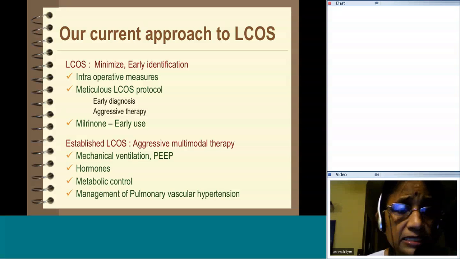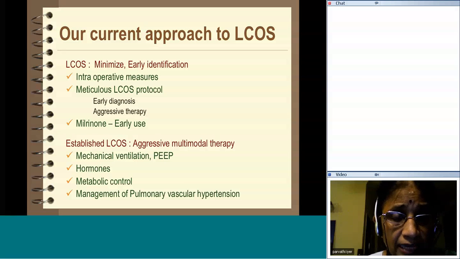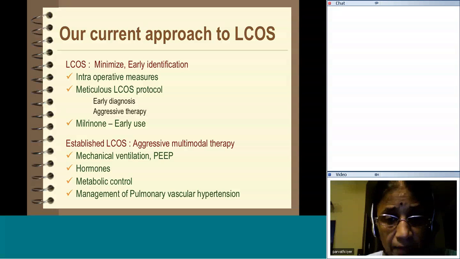And this was by a series of methods: intraoperative measures, a meticulous low cardiac output state protocol, which really focused on a very early diagnosis, aggressive therapy, very early use of milrinone, and if we had established low cardiac output state, to use an aggressive multimodal therapy, which focused on mechanical ventilation, appropriate and correct use of positive end expiratory pressure, hormonal therapy, metabolic control, management of pulmonary hypertension, as well as arrhythmia control.